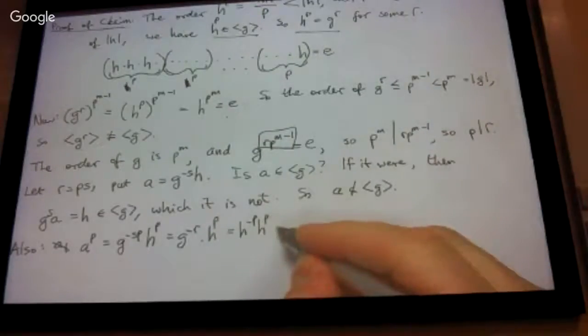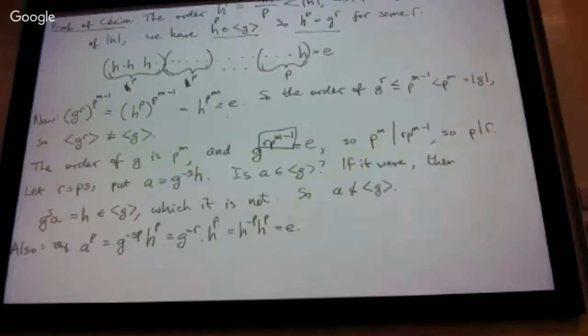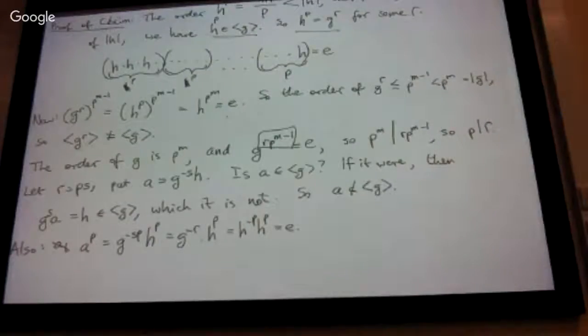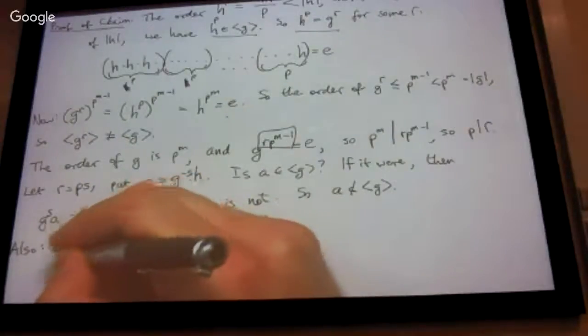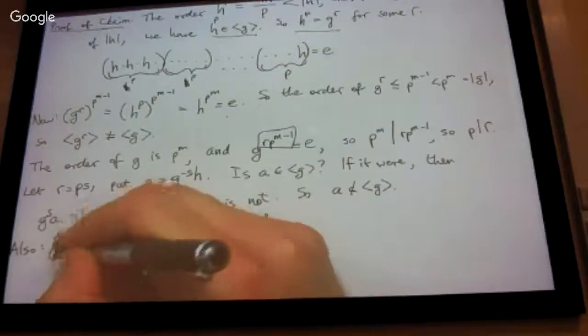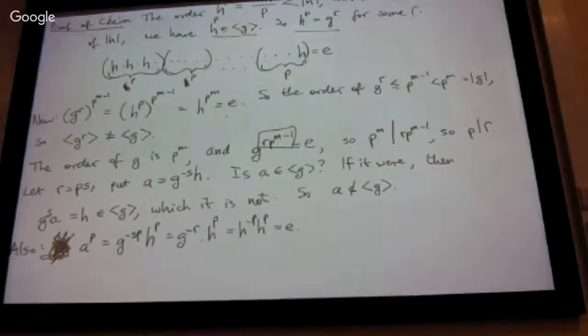Times h^p, so this is the identity. So a^p is the identity. That's the identity.